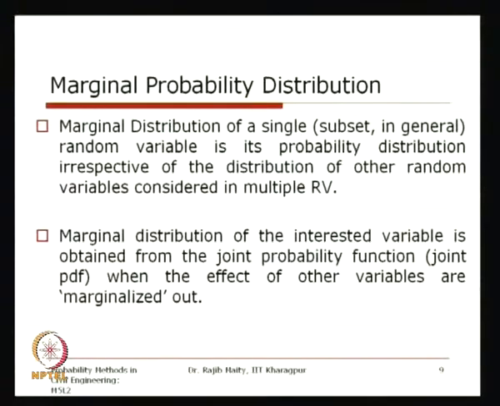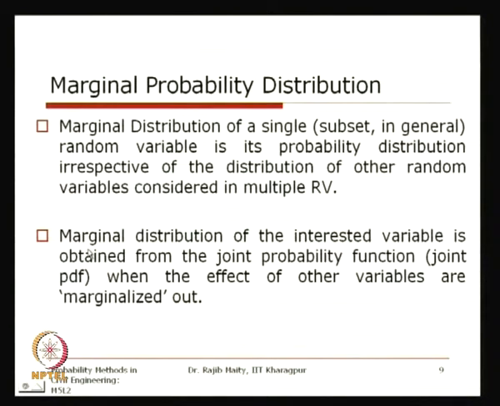So to make the statement general, the word subset is used here. Out of the n random variables, you can make the subset with respect to a single random variable, or more than one but fewer than the total number of random variables in that multiple random vector.